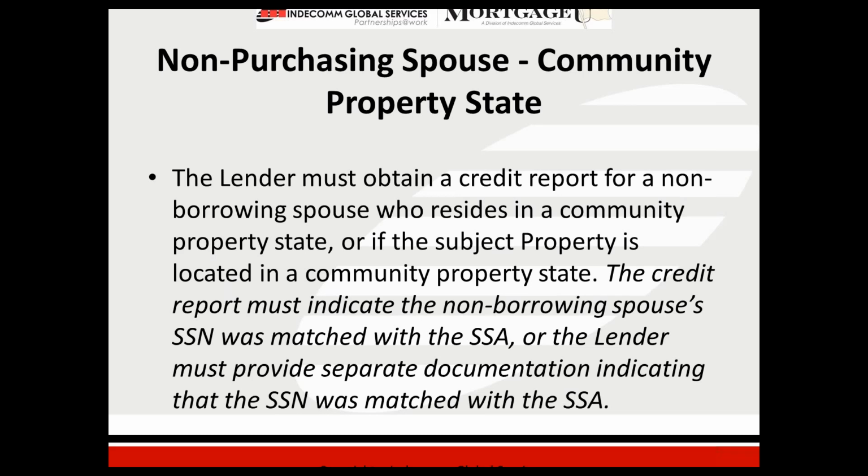The credit report must indicate the non-borrowing spouse's Social Security number was matched with the Social Security Administration, or the lender must provide separate documentation indicating that the Social Security number was matched with the Social Security Administration. This is pretty similar to what you're used to doing for your non-purchasing spouses in community property states, but really, the new part is having that matching up with the Social Security number and the Social Security Administration.